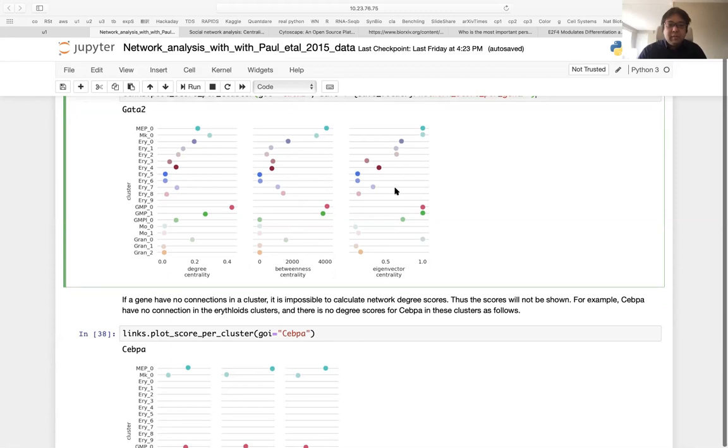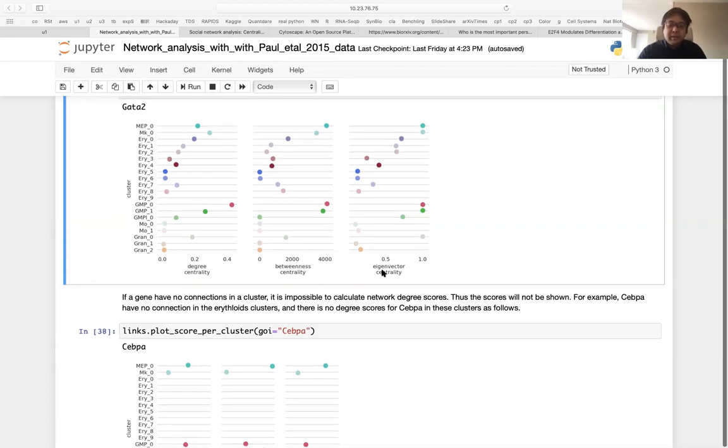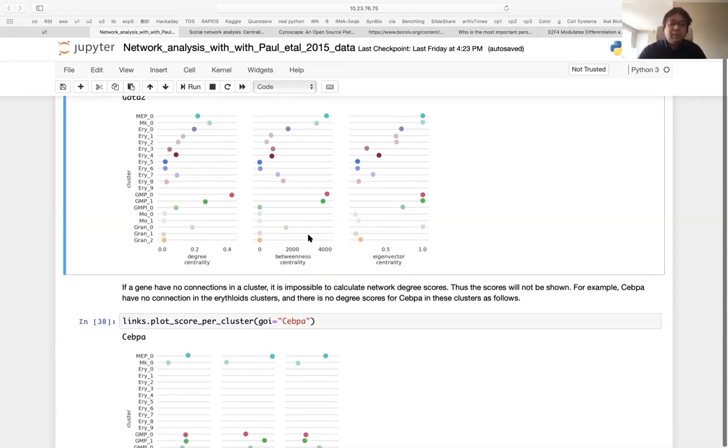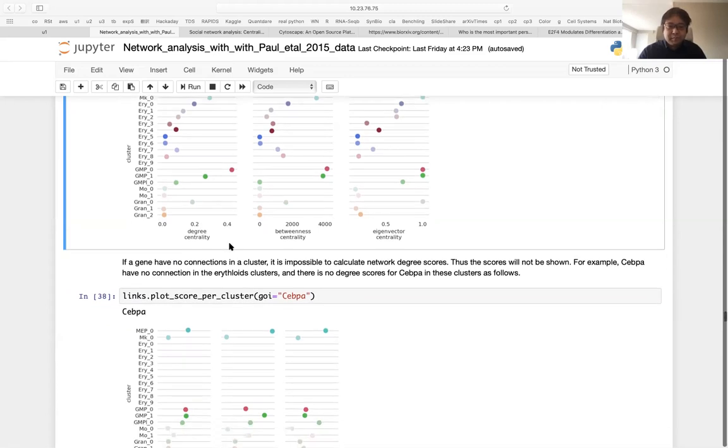Maybe the eigenvector centrality is generated by the direct and indirect connections. So hopefully this shows a little bit more about the degree centrality.